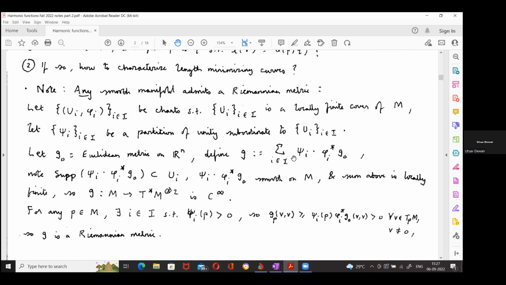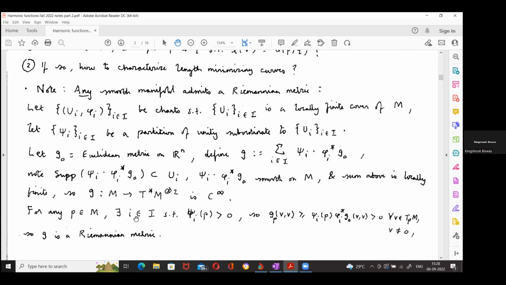Yes. Okay. And so it's clear that this will be a smooth two tensor on M, and this is also symmetric. All I have to check is the positive definiteness.